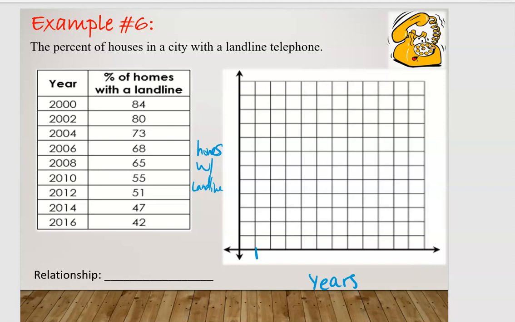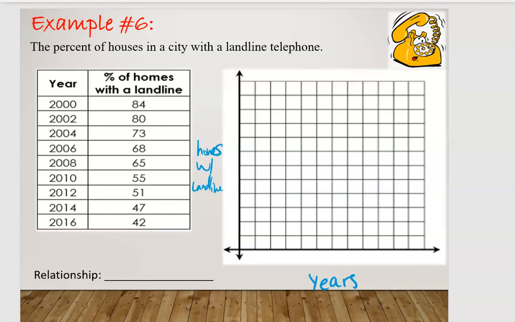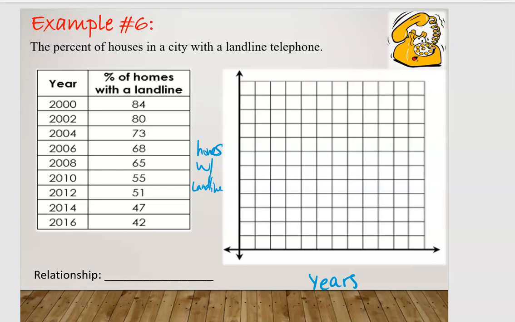So I'm just going to write the last 2 digits of them. So 0, 0. Actually, 0, 0 can go on our axis here. So I'm going to erase that. 0, 0 is on our axis. And then we can go by 2s each time. So this is going to be 02, 04, 06, 08, 10, 12, 14, 16.